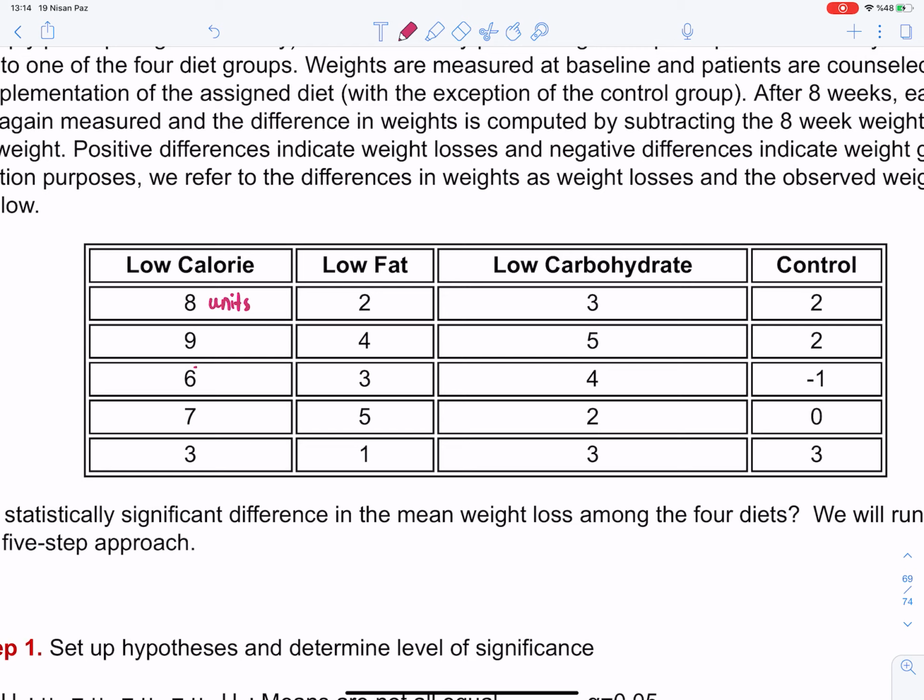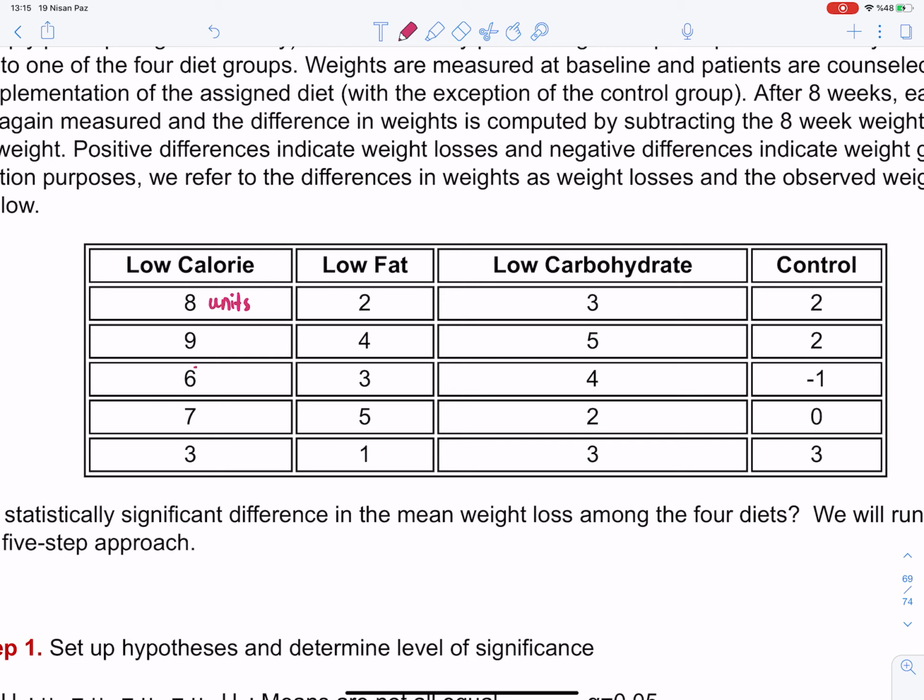Another diet program is the low carbohydrate program. The weight loss for the people participating in this diet program looks very similar to the low fat.